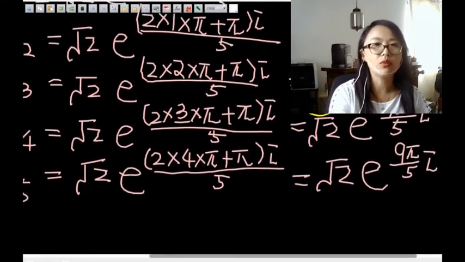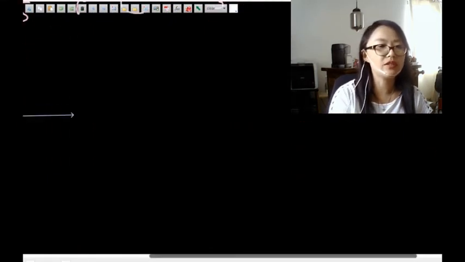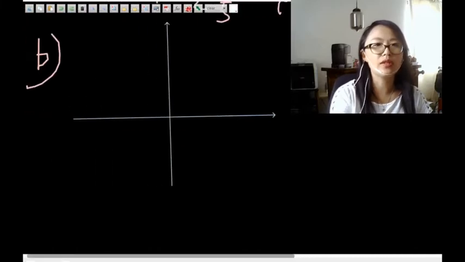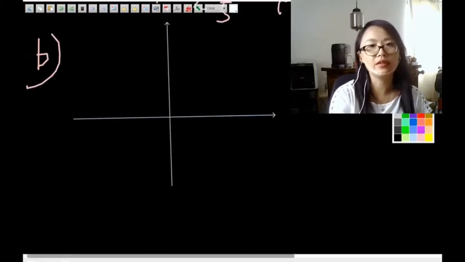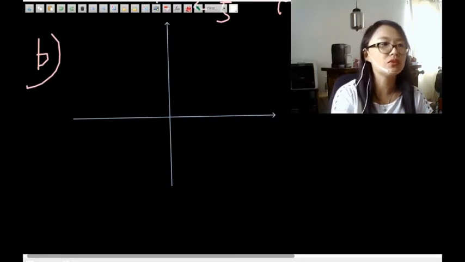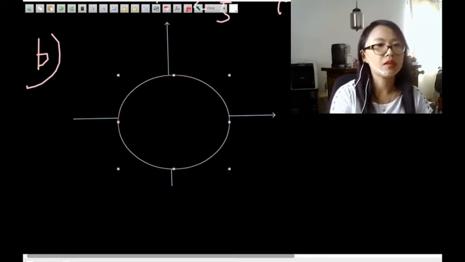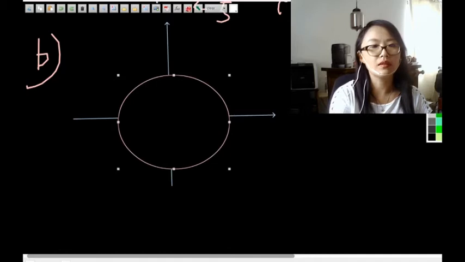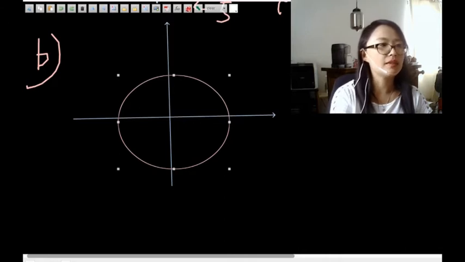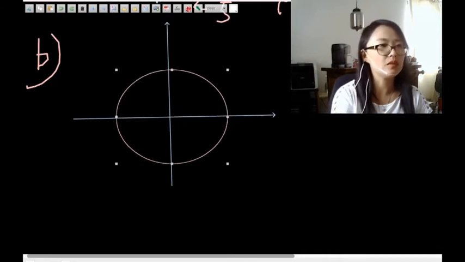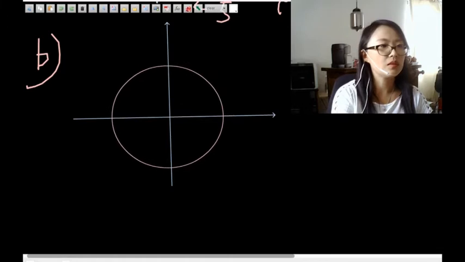Okay, so what we are going to do now, we actually just draw a circle with a radius of root 2 on this Argand diagram. So it looks like this.